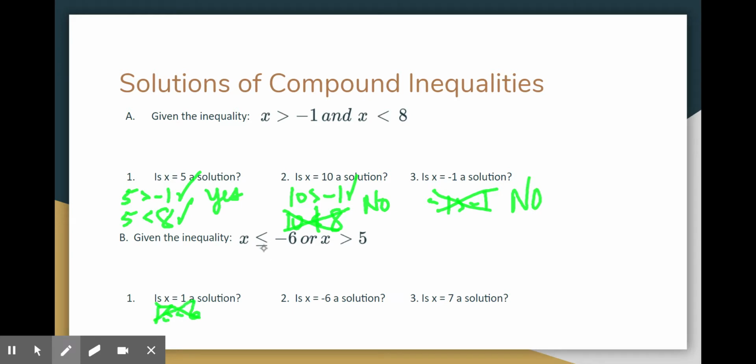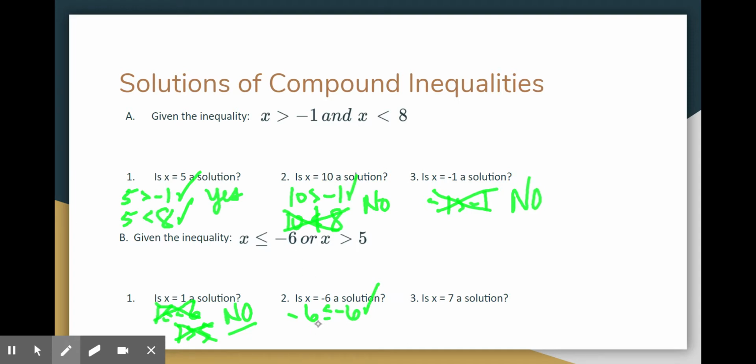You didn't bring me the hamburger, but if you bring me the hot dog, I'm good with it. So is 1 greater than 5? No, it doesn't work in either one. So is it a solution? No, it's not. How about -6? Is -6 less than or equal to -6? Yeah, it's equal to. So there's a hamburger.